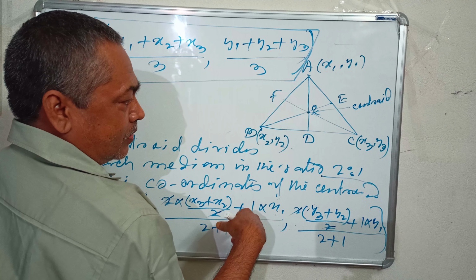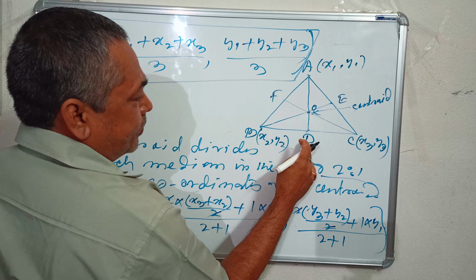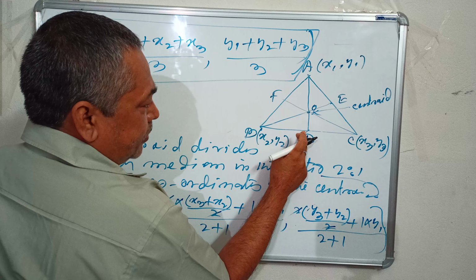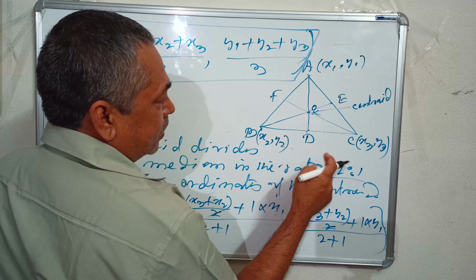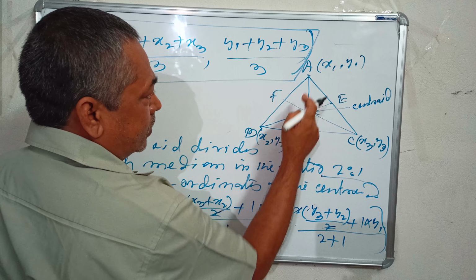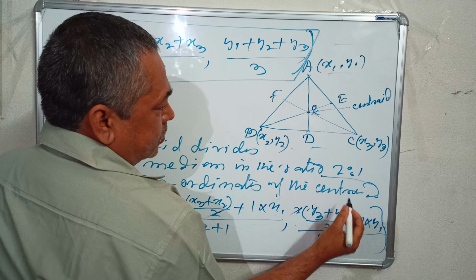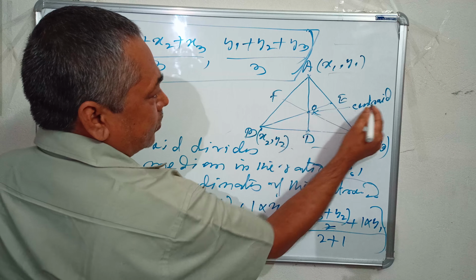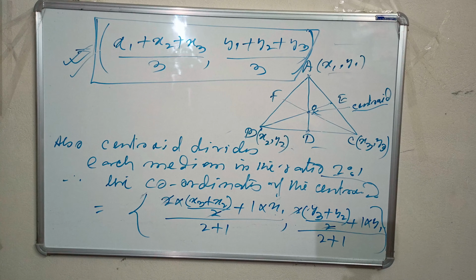So easily you can find the coordinates of D, E or F. D is the midpoint of BC, so (x3 plus x2) divided by 2, (y3 plus y2) divided by 2 is the coordinate of point D. Now you know the coordinates of A and D, and the ratio, so you can find the centroid: (x1 plus x2 plus x3) by 3 and (y1 plus y2 plus y3) divided by 3.